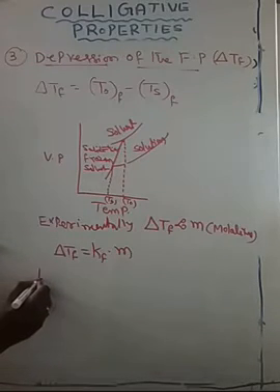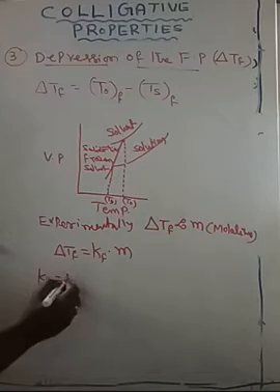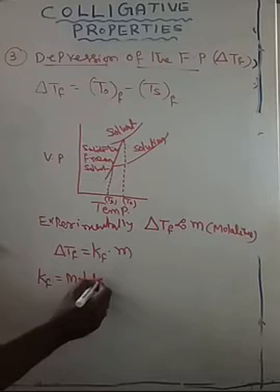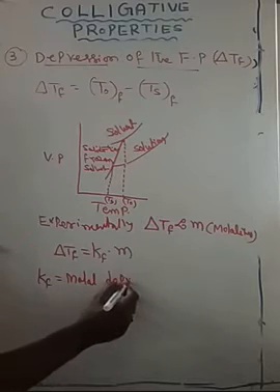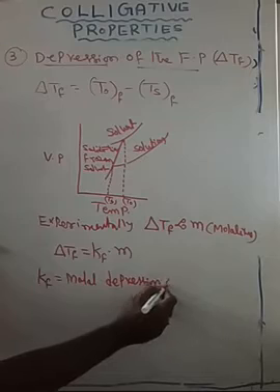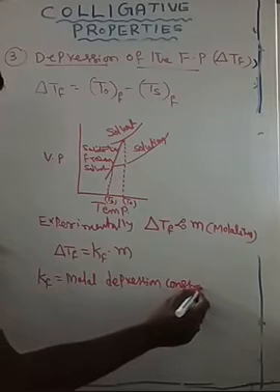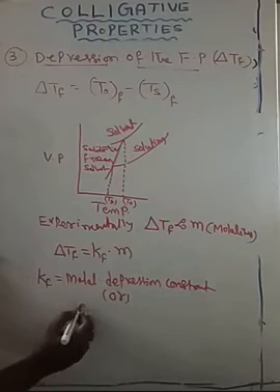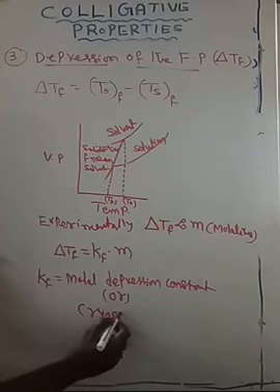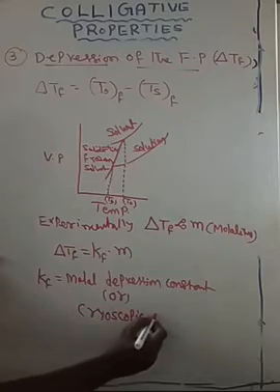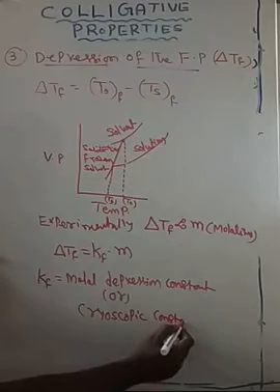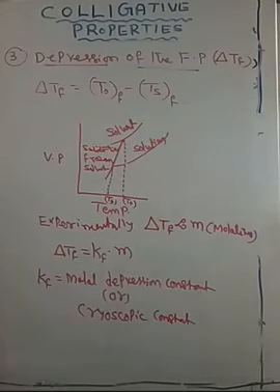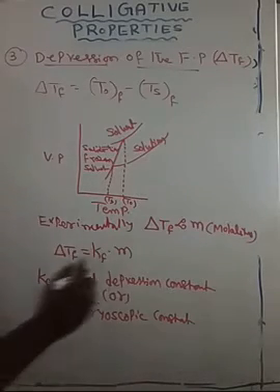What is Kf? Kf is called the molal depression constant. It is also called the cryoscopic constant. So the molal depression constant can be defined from this equation.